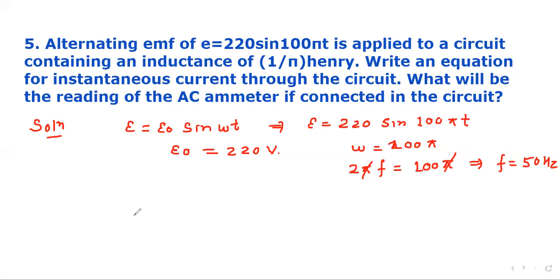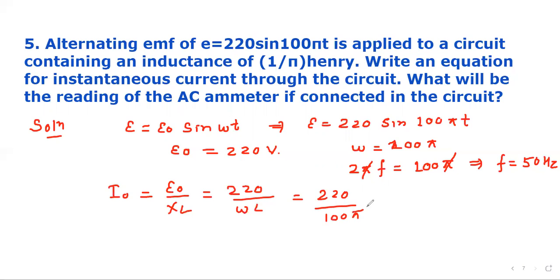Now we have to find out current. Maximum current I0 will be E0 divided by XL. We put the values. 220 divided by XL, XL equal to omega L or 2 pi FL. So 220 divided by omega is 100 pi and L is given as 1 upon pi.